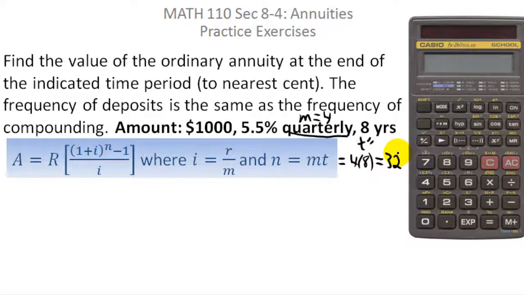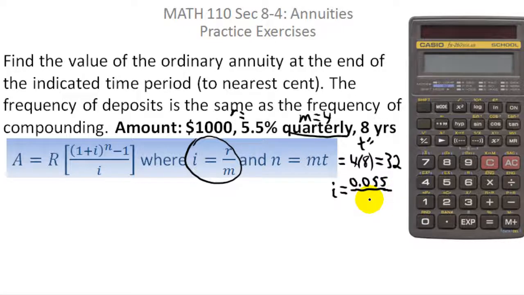Easy enough. I also need to know what I is. I is R divided by M. The interest rate is 5.5%, so that's R, but I need to change it to a decimal as I write it down. So that becomes 0.055. Notice I moved the decimal place 2 places to the left.